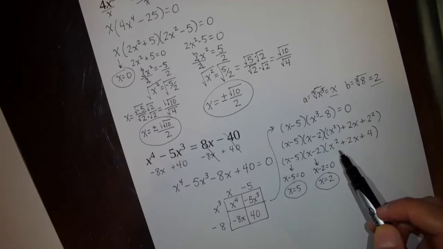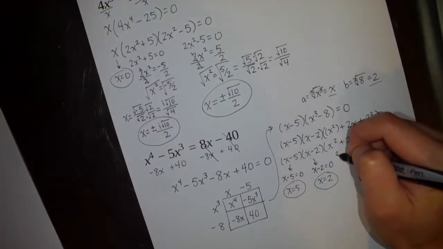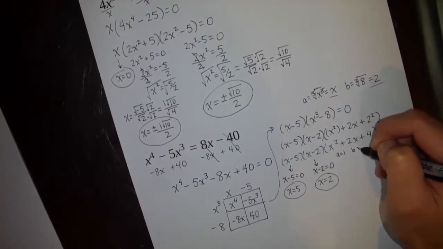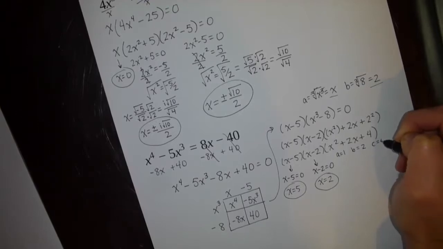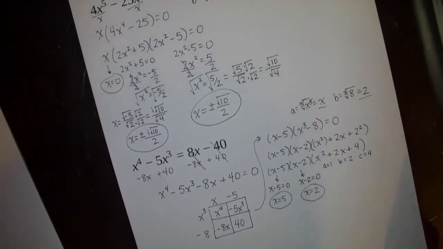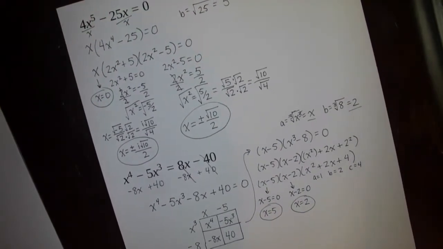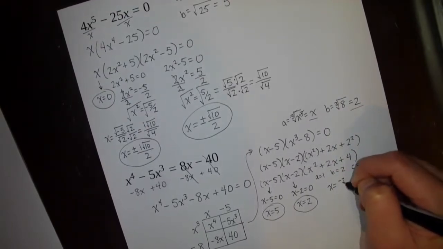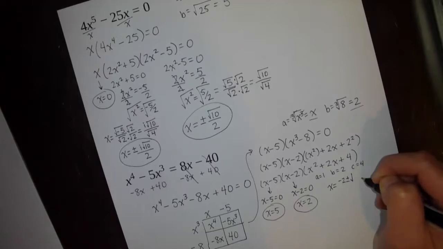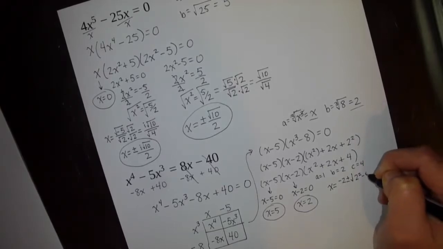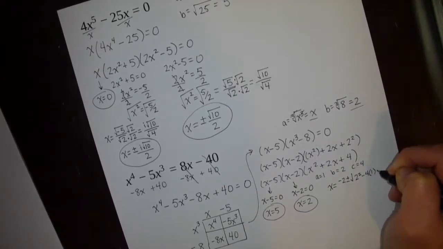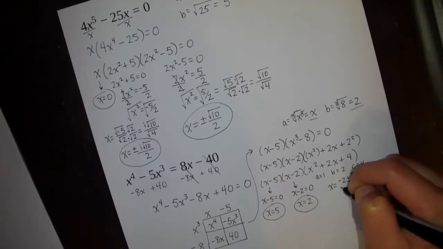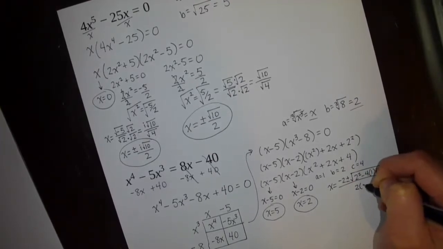So for our quadratic formula, we have to know what a, b, and c are equal to. And I'll just write it out here. So x equals negative b plus or minus the square root of b squared minus 4 times a times c, all over 2a.